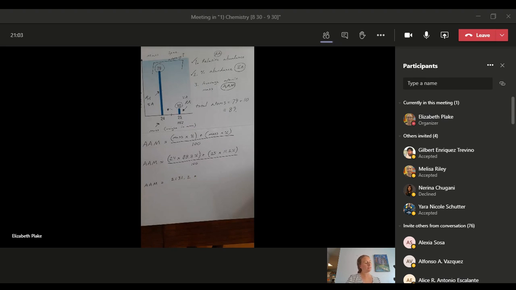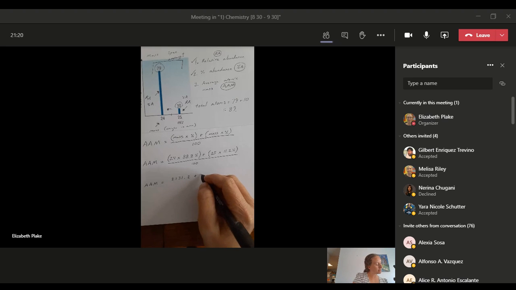We are going to add that to 25 times 11.2. This number is a bit smaller. It's going to be 280. Remember, that's going to be divided by 100.